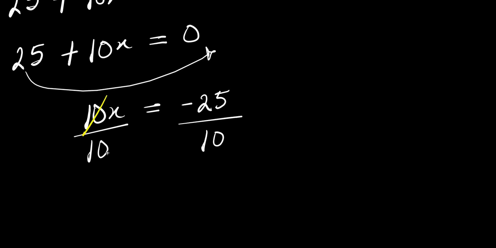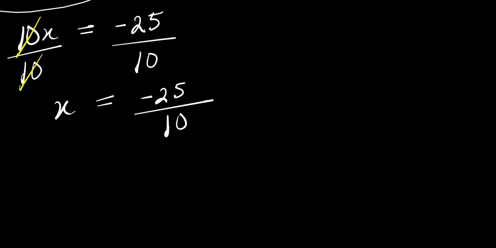So right now, 10 eliminates 10. I will have x equals negative 25 divided by 10. Next step would be to simplify this. 5 can divide this and 5 can divide this. So my answer is negative 5 divided by 2.